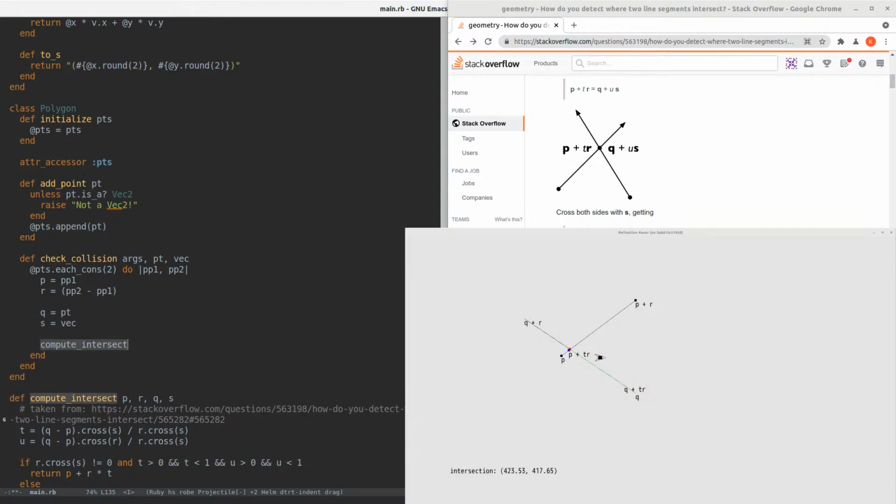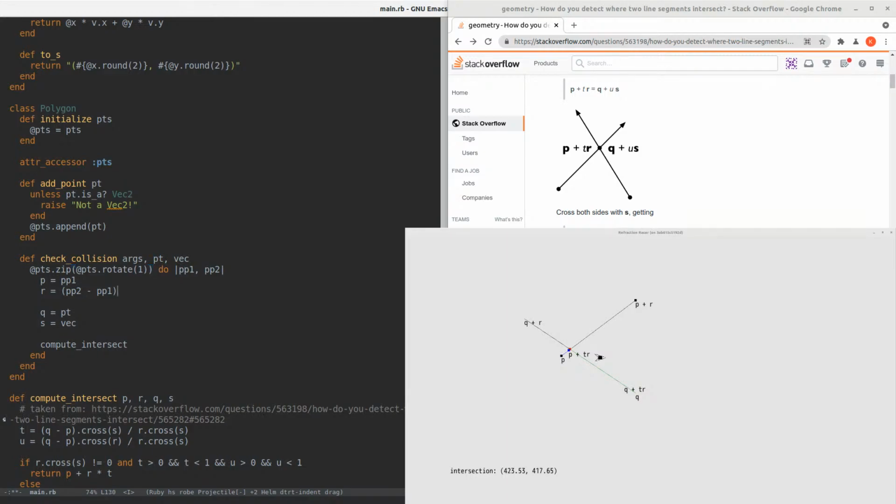Yep, it will. And so actually one approach that we could take here, if we didn't want to, we'll probably just write the last pair separately. Or what we can do is do .zip on @points.rotate(1), which will actually give us the same thing.